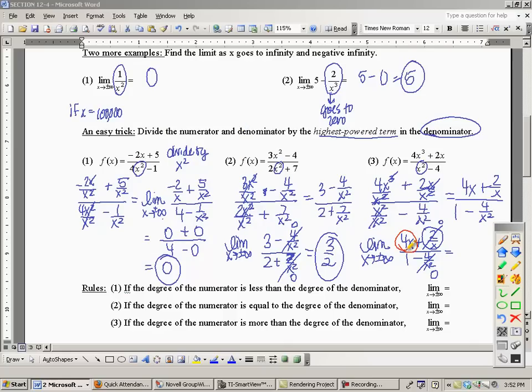What happens when I take 4 times a really huge number? I get a really huge number, because it goes to infinity. We said that was one of our problem areas a couple of sections before. Our limit does not exist.